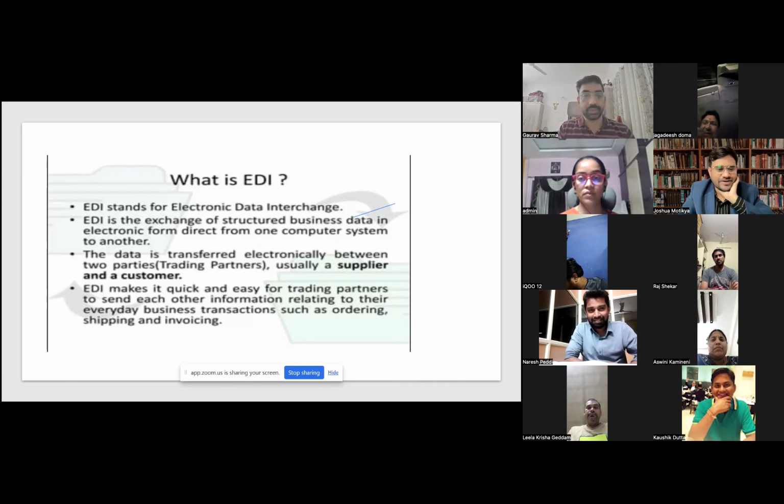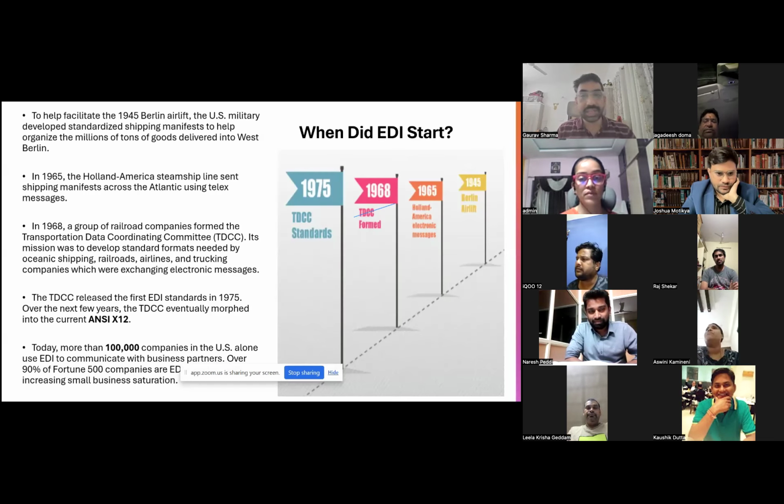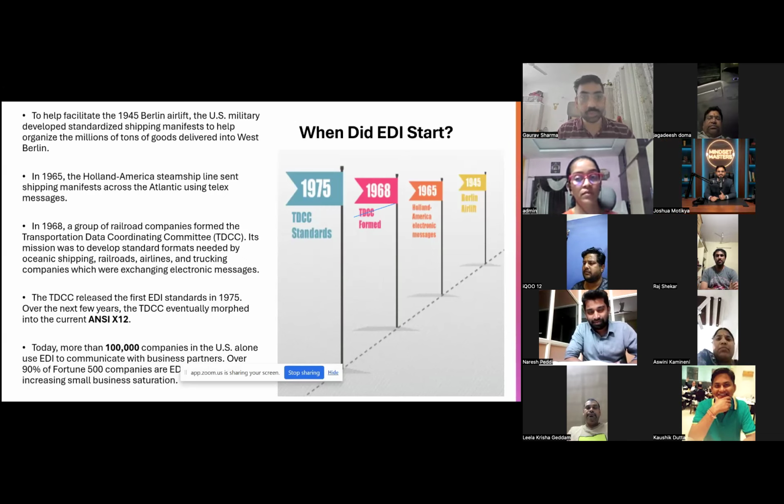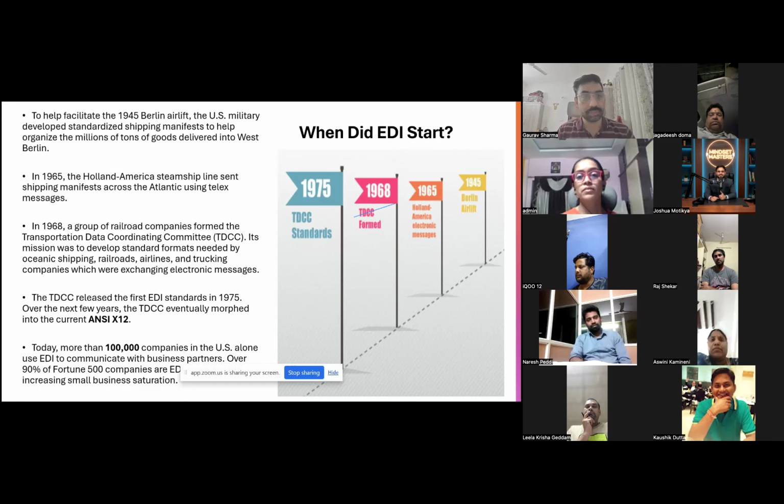Right. So when this EDI concept started, it was some time after World War Two ended. The Soviet Union had blocked Germany, basically the west part. So the US helped Berlin, and a lot of goods were delivered to Berlin, Germany, through the US military.